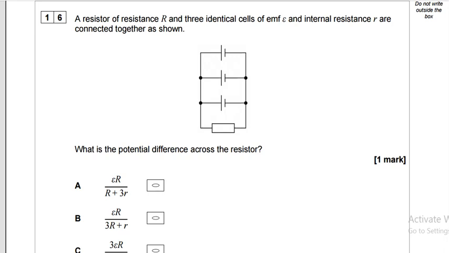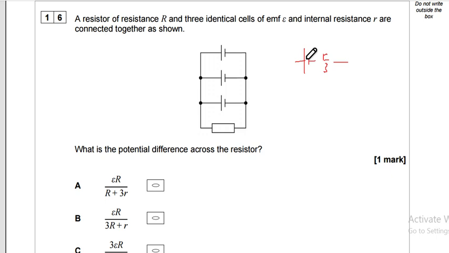So we have here a circuit with just one battery. This compensates for the three batteries in parallel, with R over 3 internal resistance.